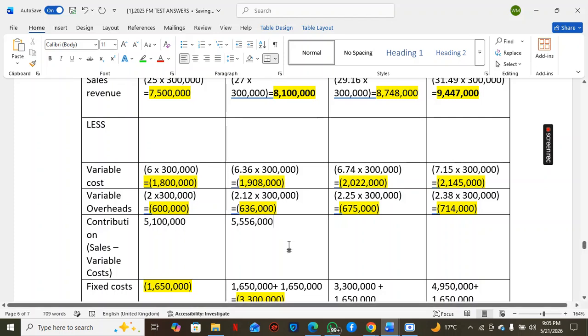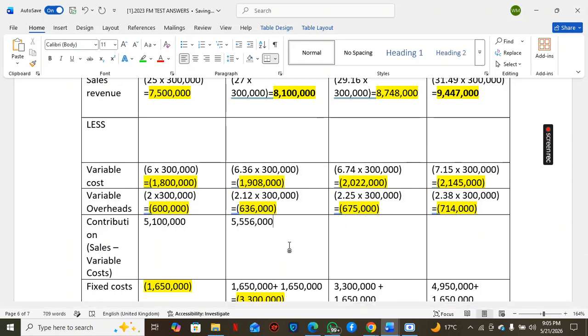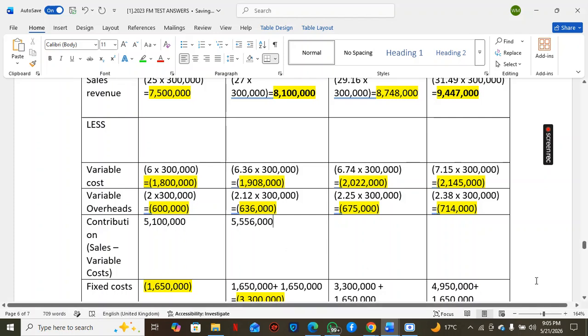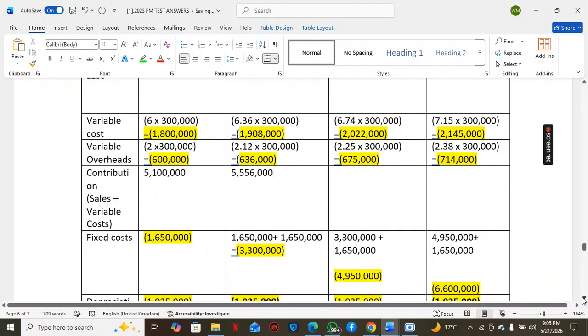Any questions? This is the contribution. Then we subtract the fixed costs. Since they said annual incremental fixed costs.